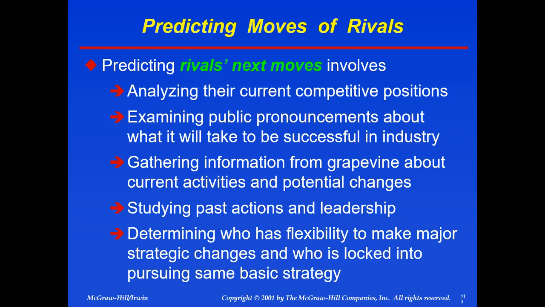Another way is studying past actions and leadership, and then determining who has flexibility to make major strategic changes and who is locked into pursuing the same basic strategy. So these are the ways through which we can predict the rivals' next moves.